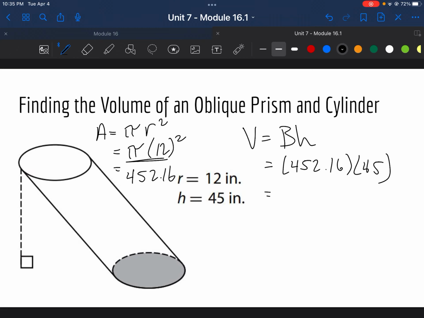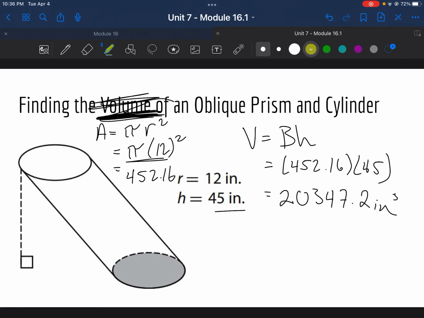So when you plug that into your calculator, you get 20,347.2. Again, we're going to write down our units, and then we're going to write our little 3 on the top of our units because, again, we're looking for the volume.